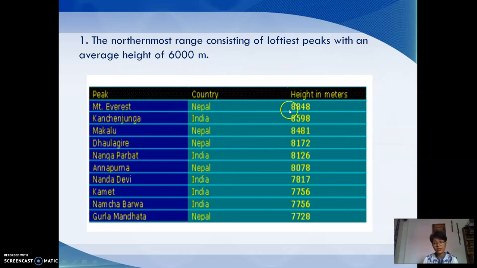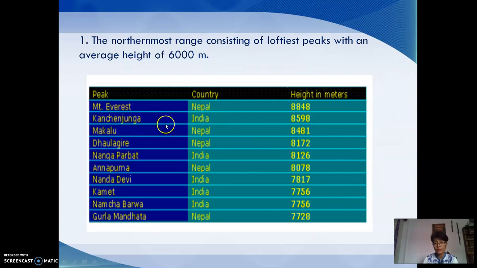Mount Everest is the highest peak. It is given here as 8,848, but recently the height has increased to 8,850 meters. We have to say that one. Next one is Kanchenjunga, which is located in India. That is 8,598 meters. Mount Everest lies in Nepal, but Kanchenjunga is in India.